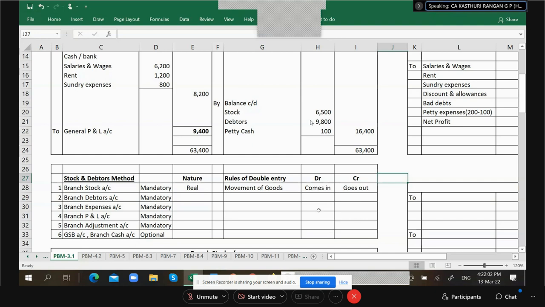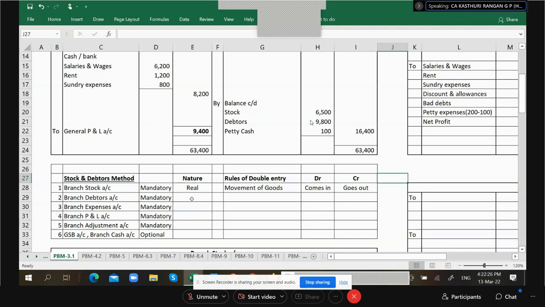Why? Stock is real. It's an asset. What is the rule for a real account? Debit what comes in, credit what goes out. Here goods come in, goods go out. So in the branch stock account, you will always record the movement of goods. Movement of goods means either goods come in or goods go out. That's all.